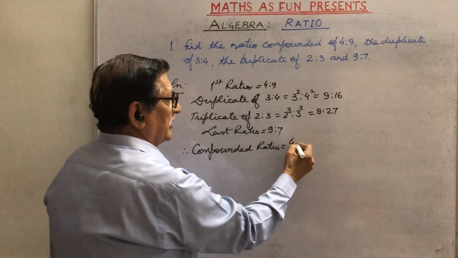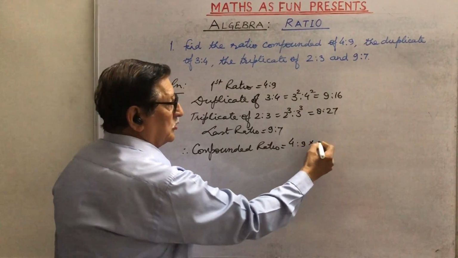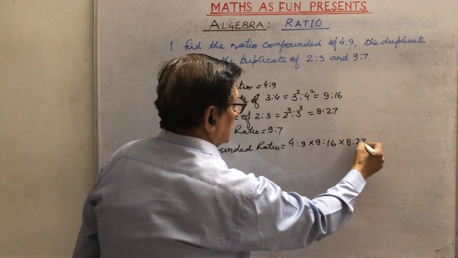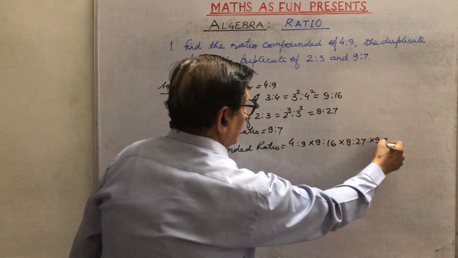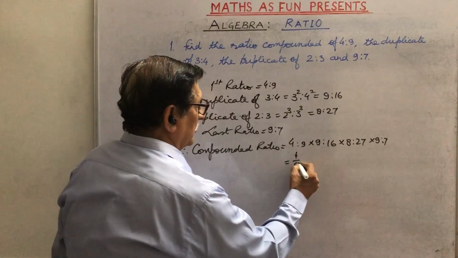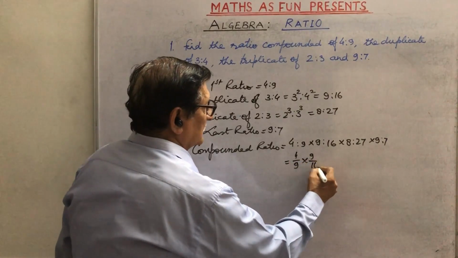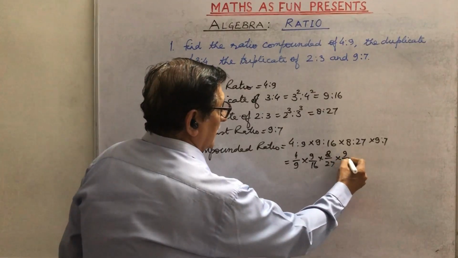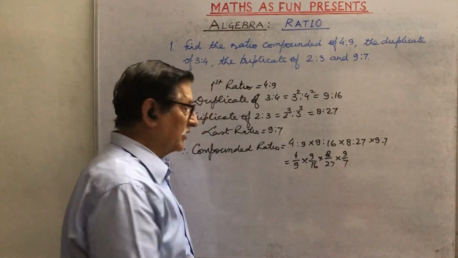first is 4 is to 9 into 9 is to 16 into 8 is to 27 into 9 is to 7. So making it easy, we can write it as 4 upon 9 into 9 upon 16 into 8 upon 27 into 9 upon 7. Then cancellation.